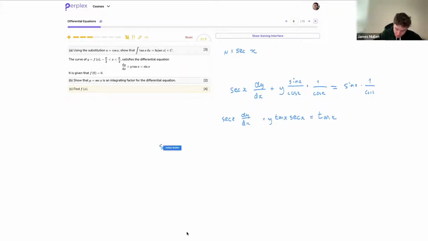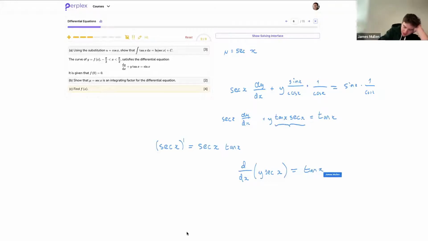All right. Now let's remember that the derivative of secant of x is sec x tan x. And that is what I have here. So in other words, I notice that my differential equation can be written as d by dx of y secant of x, okay? And it's equal to tan of x on the right-hand side.